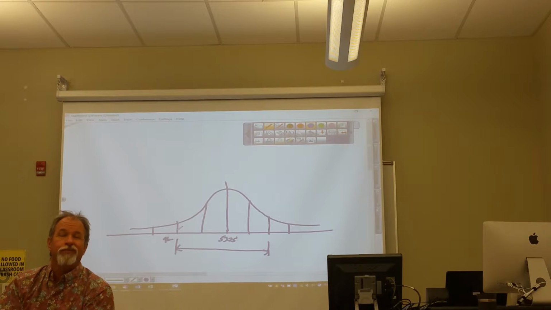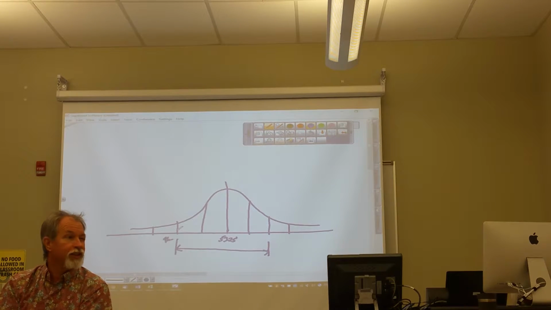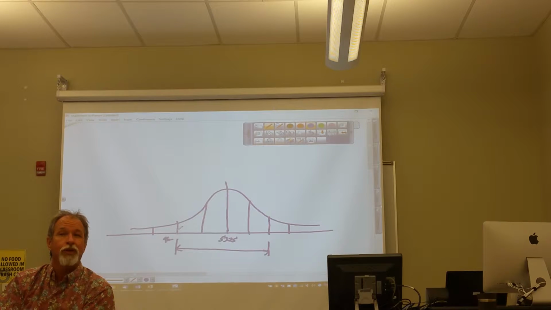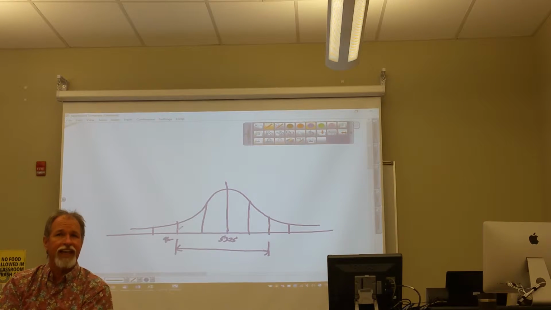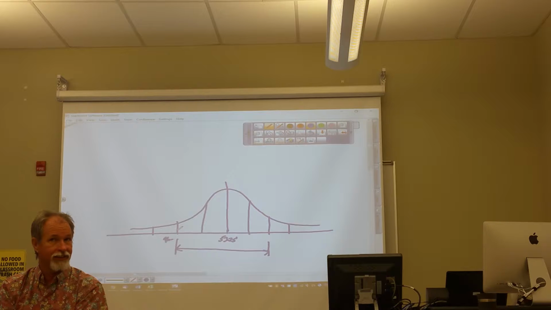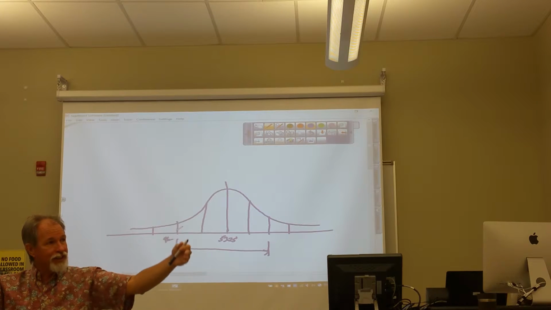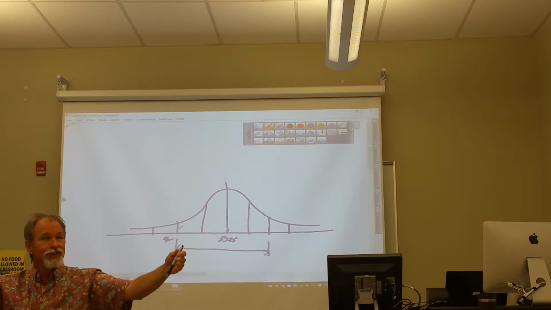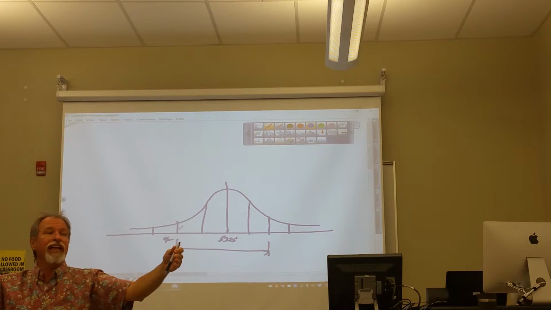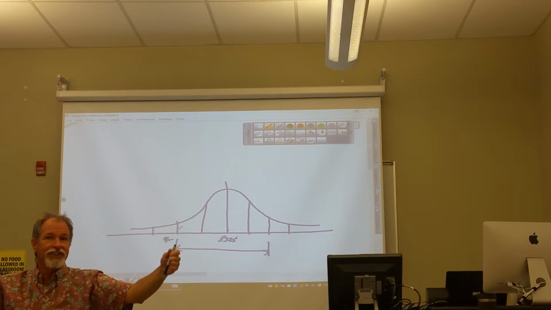So if I said, I estimate that his weight is between 170 and 186, I've now made an interval. Would I be more likely to capture his actual weight? Yeah, more likely.